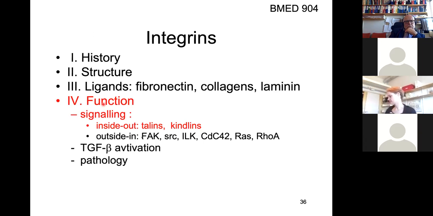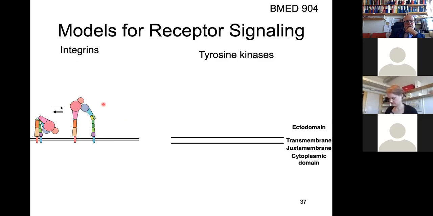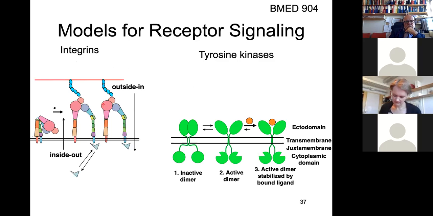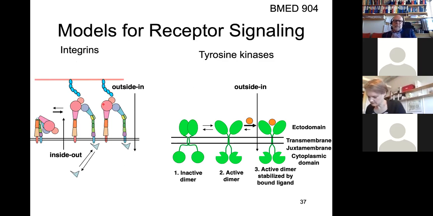Okay, so then we move on to signaling. And when you talk about signaling over the membrane, there are different ways that signaling can be transmitted from the outside to the inside.